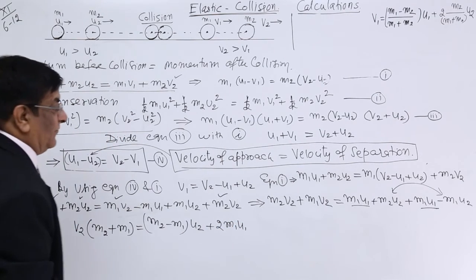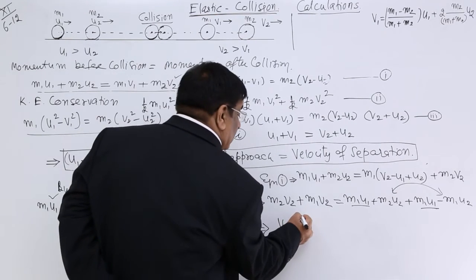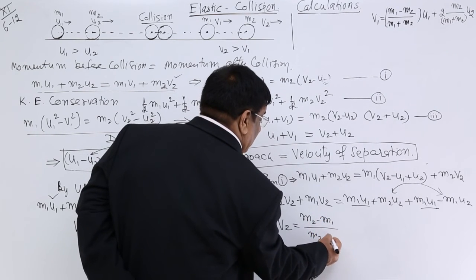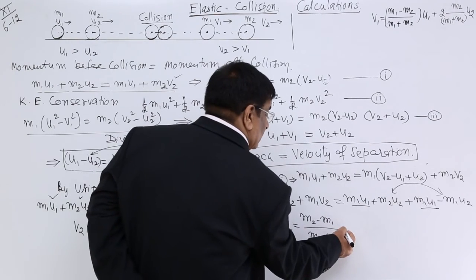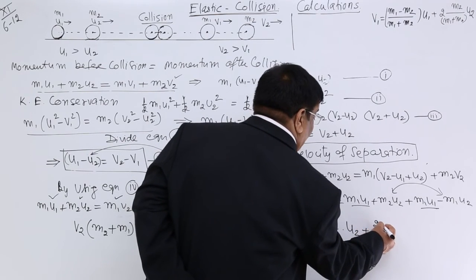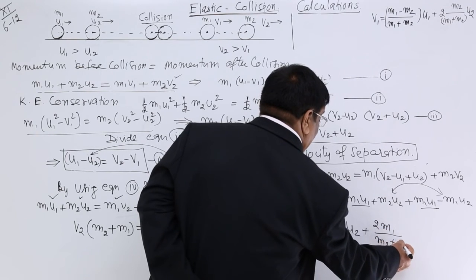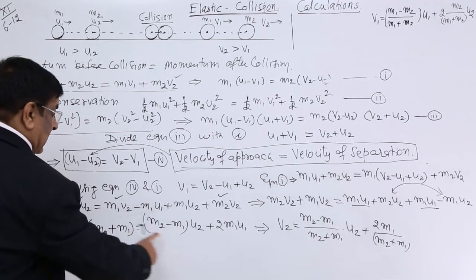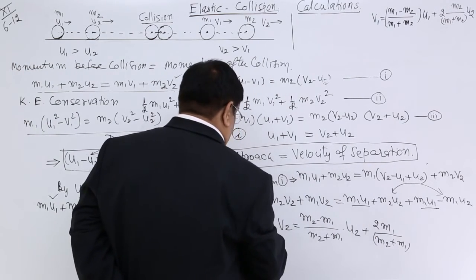So what is value of v2? This leads to v2 is equal to m2 minus m1 upon m2 plus m1 into u2 plus 2 m1 upon m2 plus m1, because this will be denominator of both, into u1.